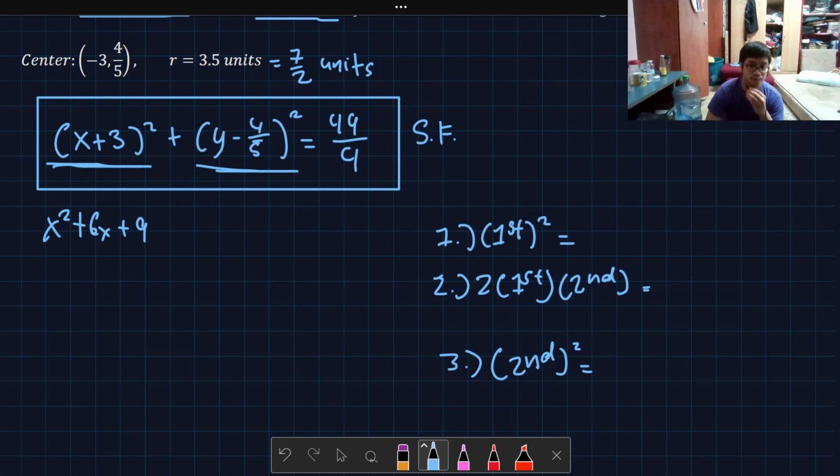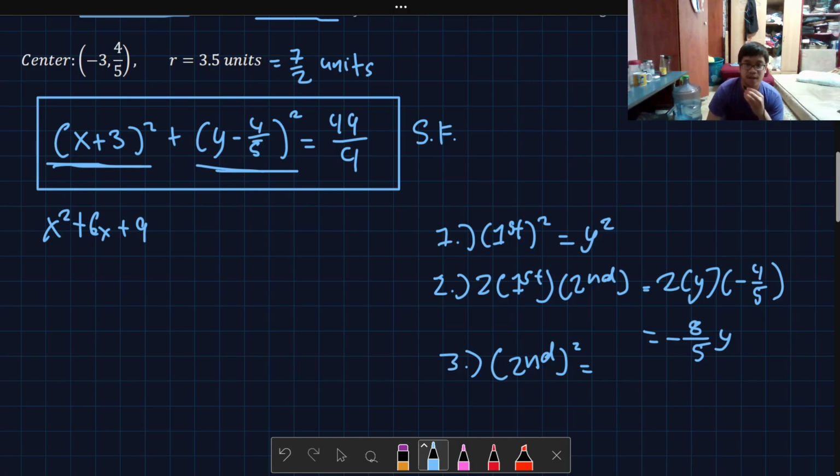So square the first term. Square y, so y squared. Next, 2 times the first term, y, times the second term, negative 4 all over 5. Please do not forget the negative sign, or the negative sign of a number if it's minus. So 2 times y, 2y, times negative 4 all over 5, you will get negative 8 all over 5y.